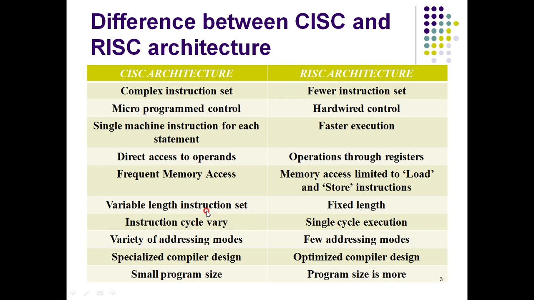Going ahead, the next very important thing here is the instruction set. The instruction set here is of variable length. For example, one instruction might be 8-bit, the other instruction might go to 16-bit, something like that.